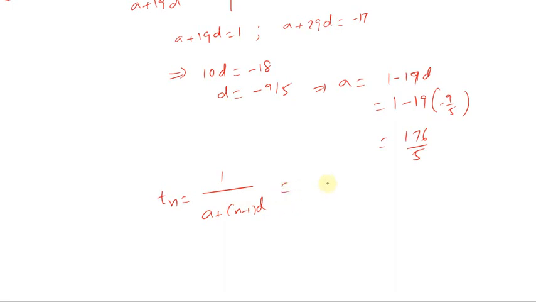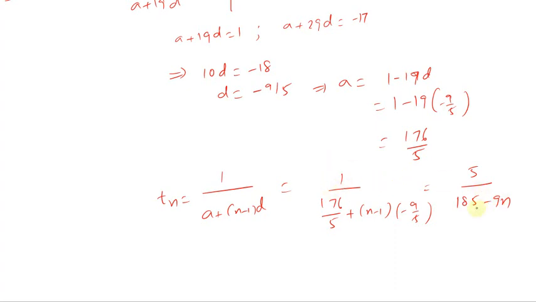So what are you getting? A is 176 by 5, plus n minus 1 into D, which is minus 9 by 5. So let me take the LCM and you are getting 5 by, 176 plus 9 is 185, and this is minus 9n.